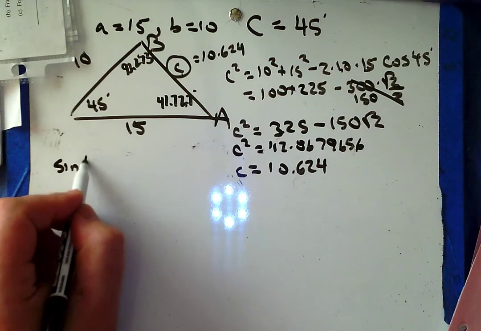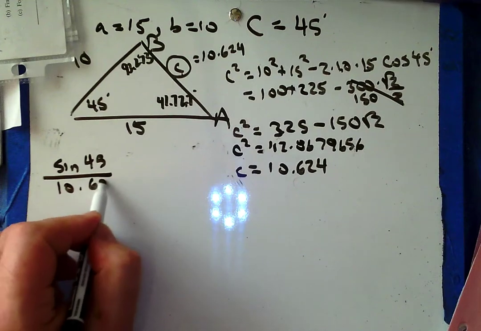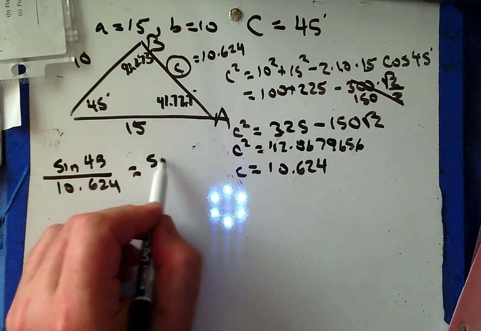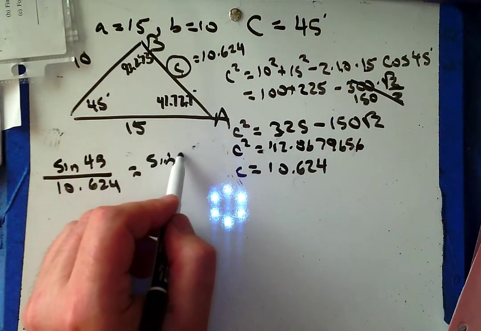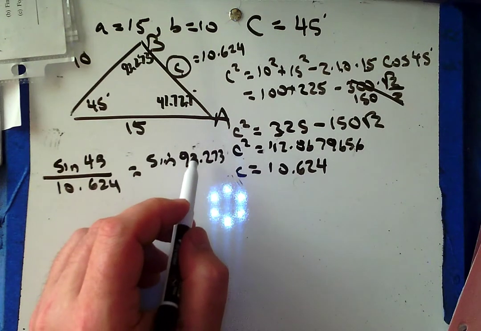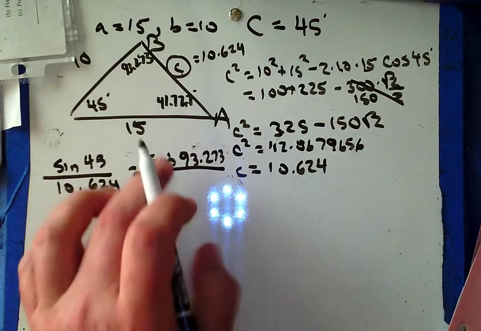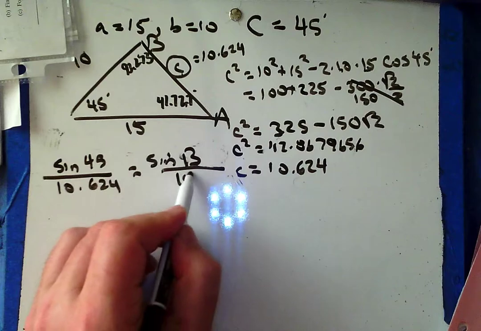Sine of 45 over 10.624 should equal sine of 93.273 over, oh, I don't know this one yet, sorry, sine of b over 15.